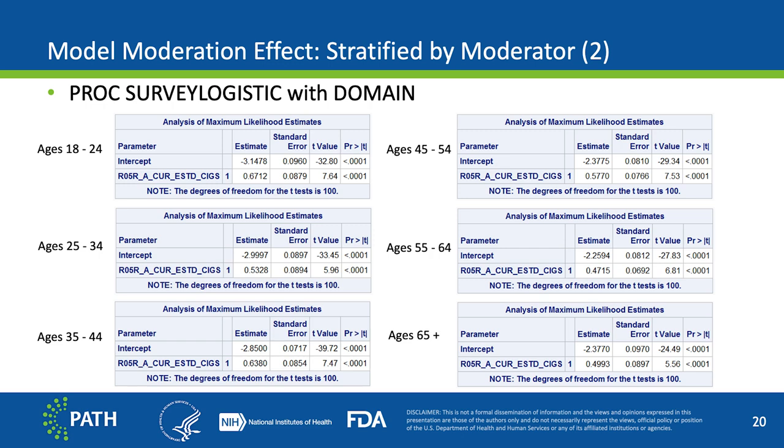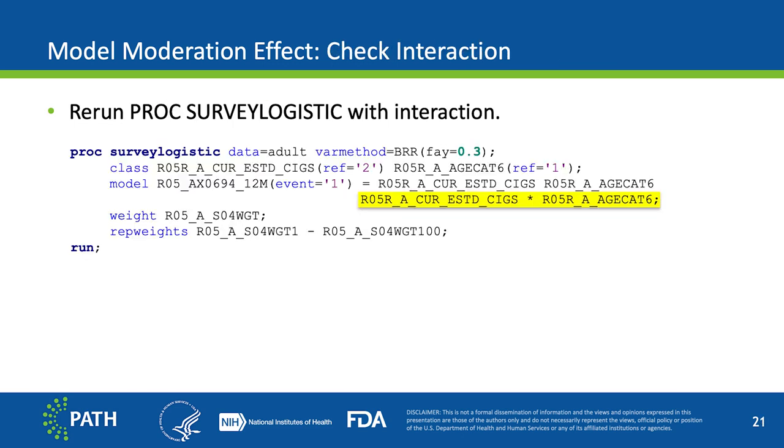But again, there is no statistical test to tell us if those group differences are significantly different than one another. Let's do the second approach, which is adding an interaction to our model and rerunning the proc survey logistic procedure. Here is that interaction, and we would like to evaluate if this interaction is significant or not.